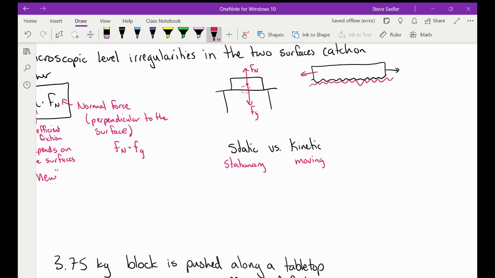So there is static friction and kinetic friction. So if you had a ramp, and you put a book on that ramp, well, if the ramp isn't very steep, the book isn't going to slide, and that's because the static friction has enough force to overcome the force of gravity trying to pull that book down the ramp.